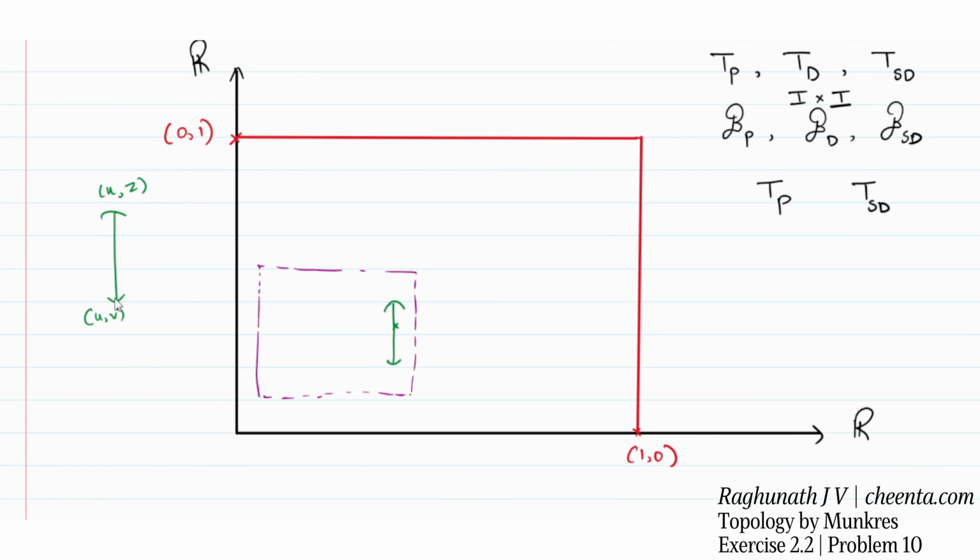All the points in between them are a basis element in R cross R, and it is also a basis element in I cross I, because it is present entirely both in that subspace and as well as in R cross R. So it is open in the subspace topology. So what we can say is, for any point I can take, I can find the basis element in B_SD which is entirely present inside that rectangular open box, and it also contains this element, say (x0, y0).